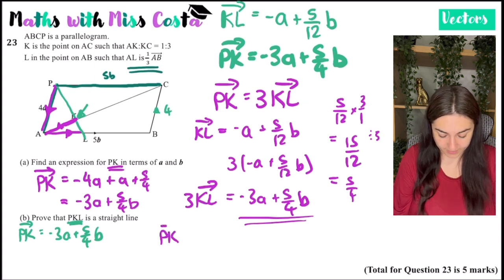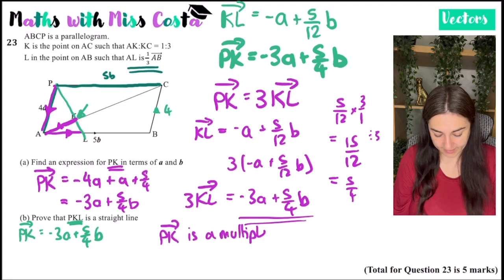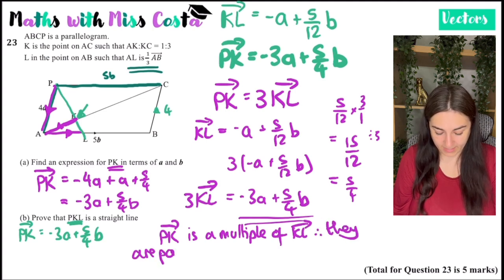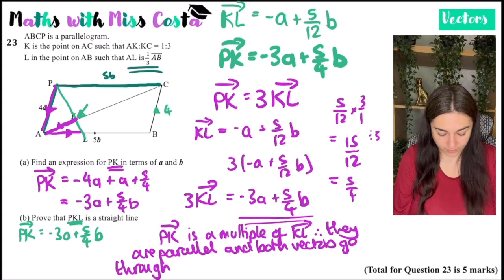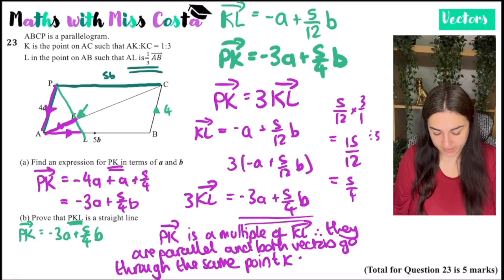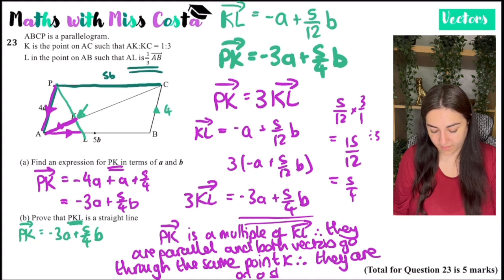So therefore, we can say that PK is a multiple of KL. Therefore, they are parallel, and both vectors go through the same point K. Therefore, they are on a straight line.